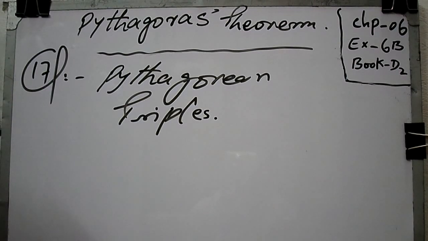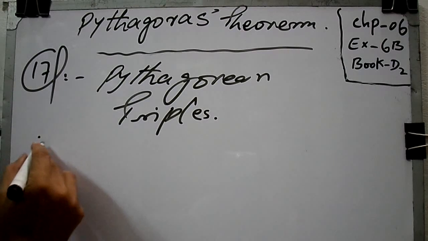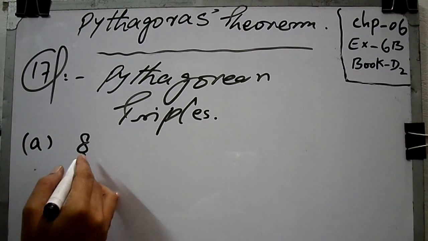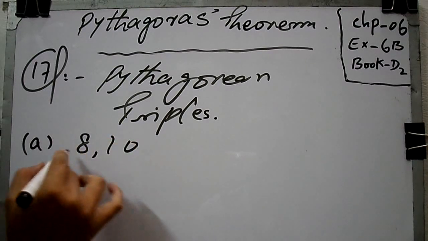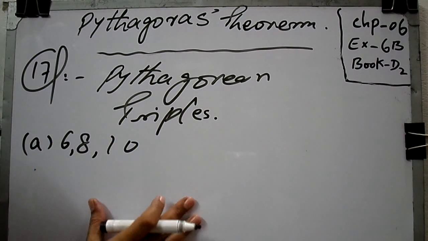The given condition is 6, 8, 10 in part A. If you have been given this, show that 6, 8, 10 form a Pythagorean triple. So we have to calculate this.